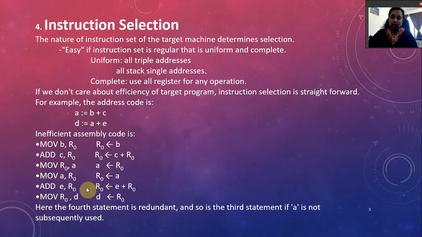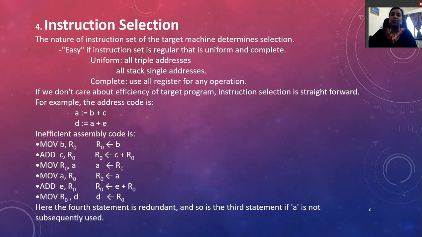So these two are redundant. I can delete this one because you have some value in a, and you have just moved R0's information to a, so you still have a copy of a's value in R0. So this instruction can be removed so that you reduce some of the memory to register transfer cost.